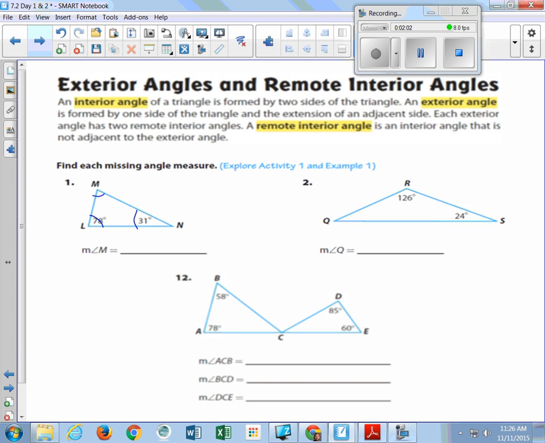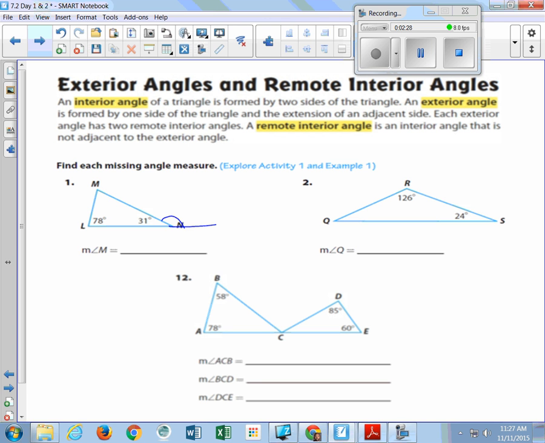An exterior angle is formed by one side of the triangle and the extension of the adjacent side. So if I were to extend that line out, this would be my exterior angle. Then we have remote interior angles. Remote interior angles are the angles that are not adjacent to the exterior angle.